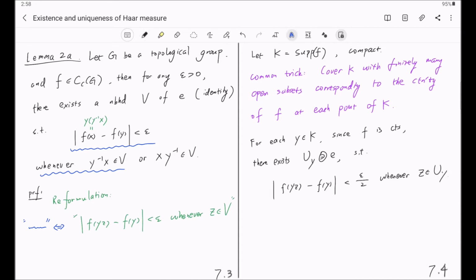We can do this because of the continuity of f at y.